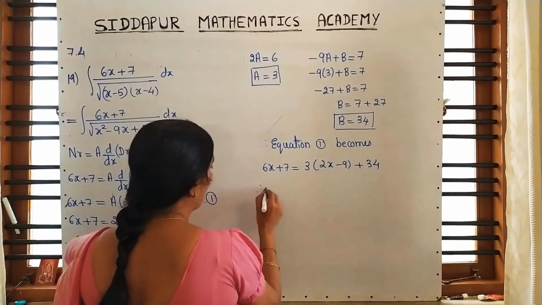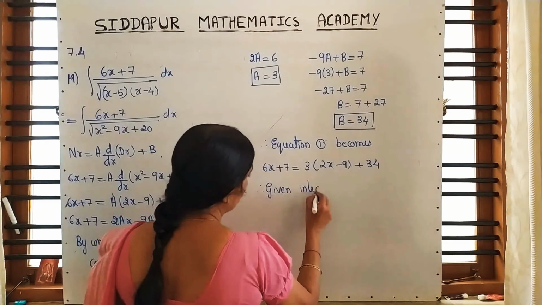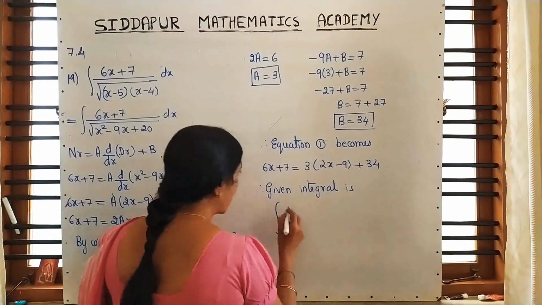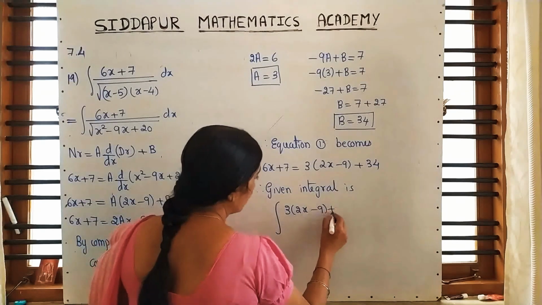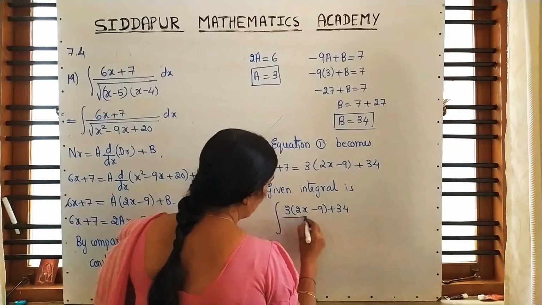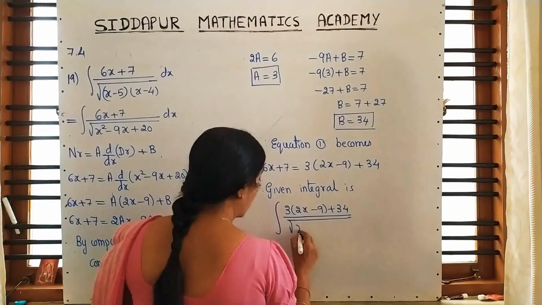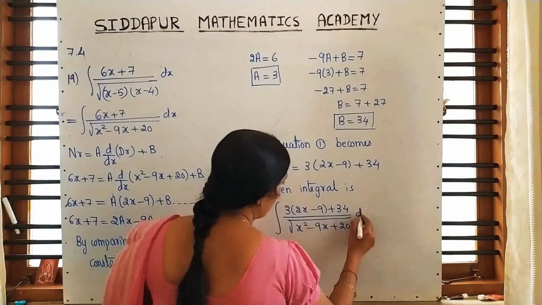Now, therefore, the given integral is, in the place of numerator I am writing 3 into 2x minus 9 plus 34 upon root of x square minus 9x plus 20 into dx.